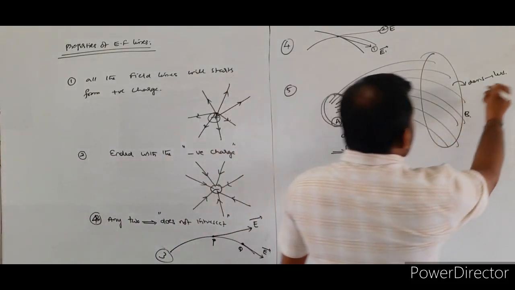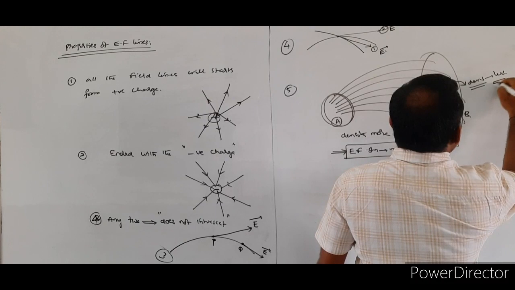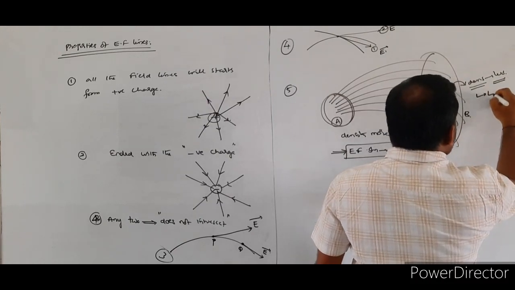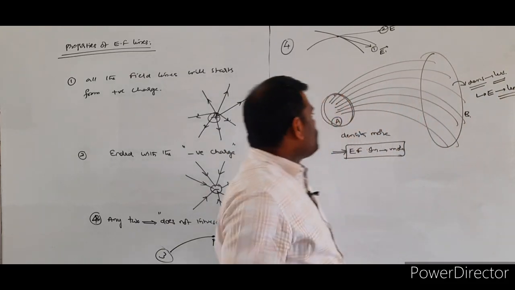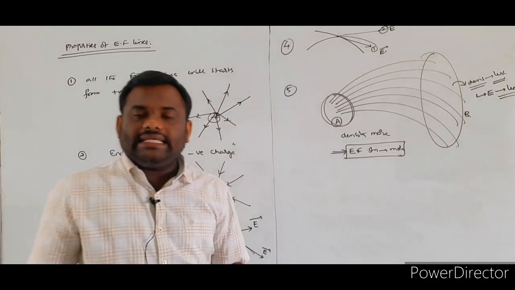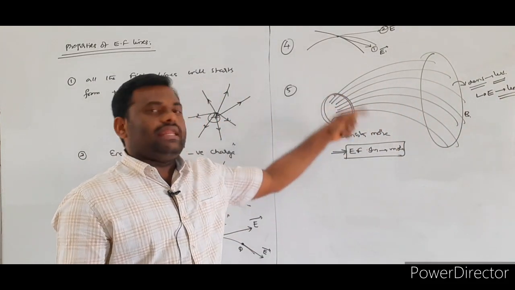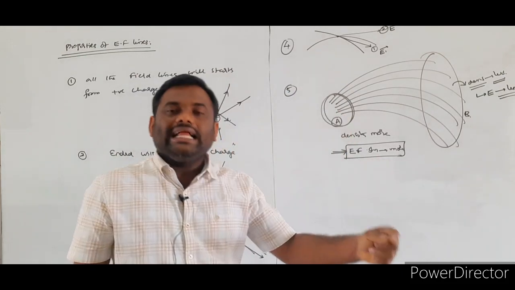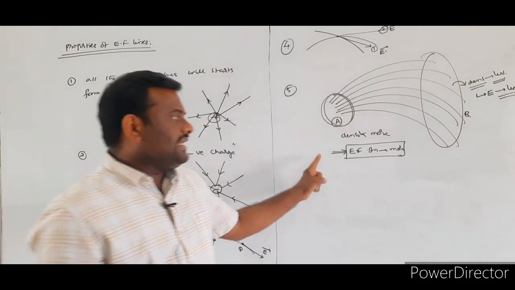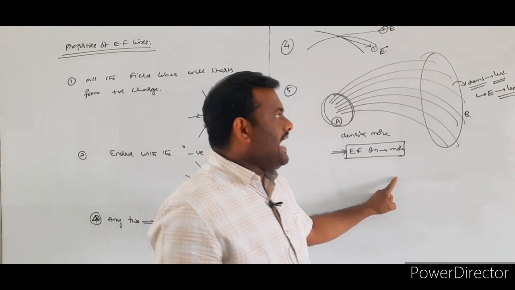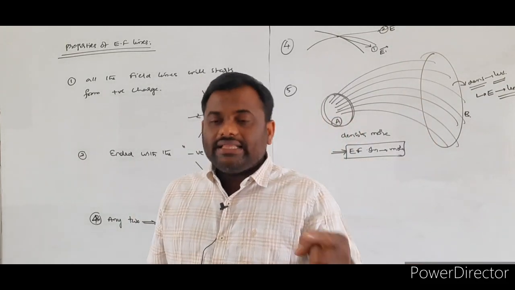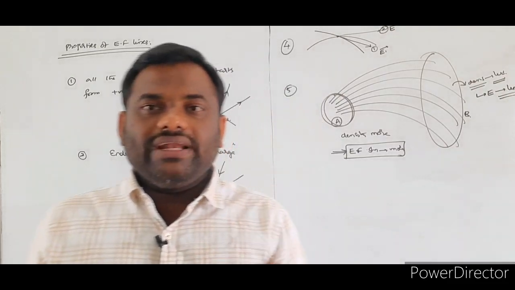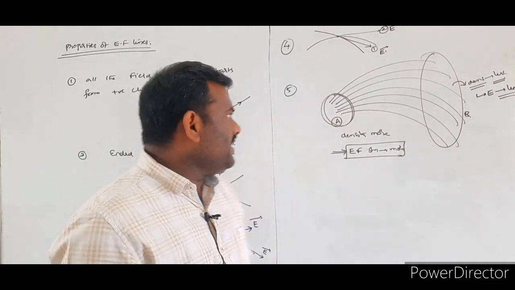The region in which the electric field line density is less, there the intensity of the electric field is also less. So what is the fifth point? The region in which electric field line density is more, in that region the electric field intensity is also more, and the region where the electric field line density is less, in that region the electric field intensity is also less.